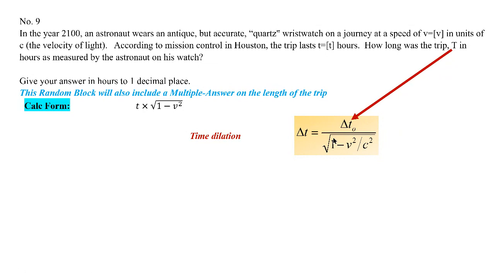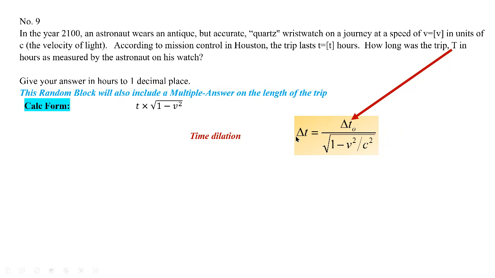If you came to the test and you were already groggy, it would be very easy to mix these up. But if you are alert and you say, I know the astronaut measured 2 hours or 3 hours, that is the proper time, T, according to him, because it was his clock.